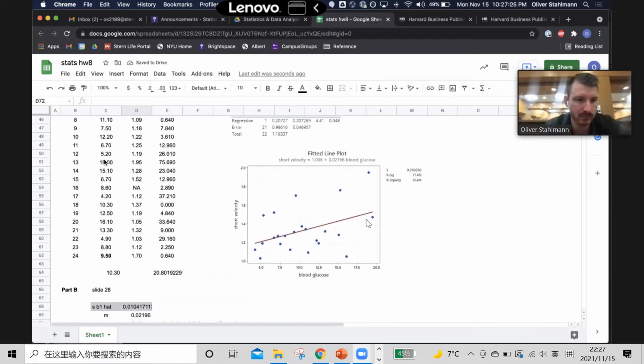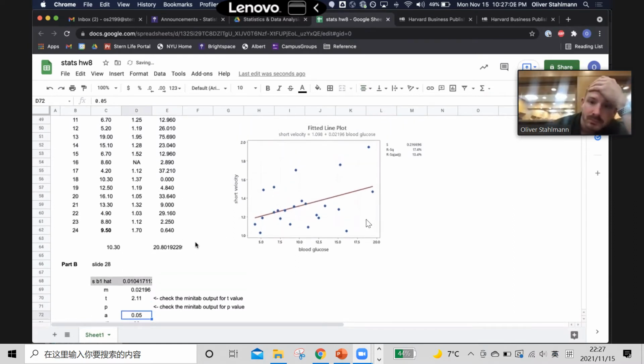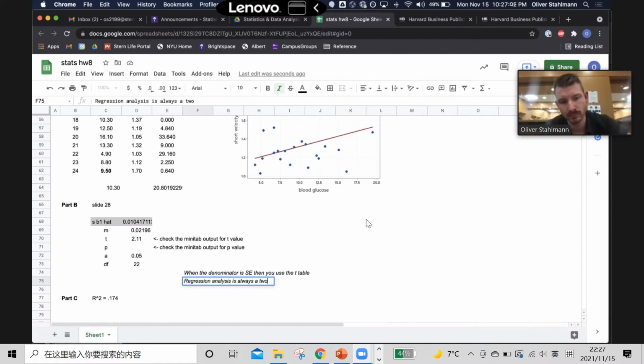And the default alpha is always 5%. For the regression analysis, it's always a two-tailed test. In the t-table, some tables vary, but maybe instead of 5% you're going to find 2.5% for the first parameter. It's alpha divided by 2.